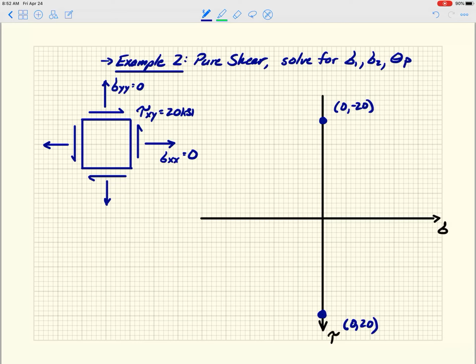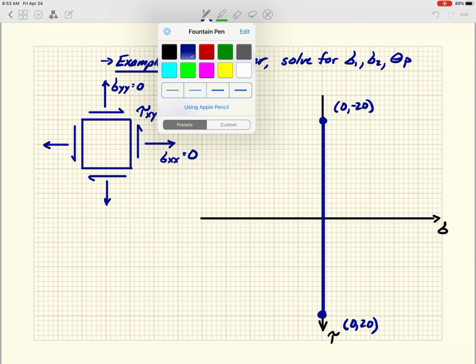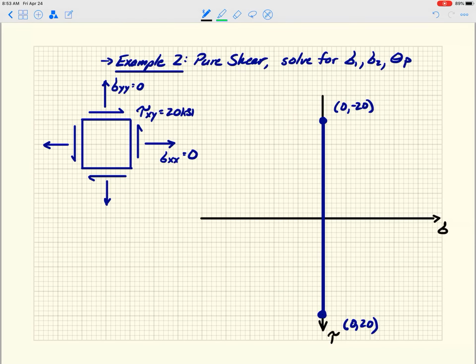Again, that is sigma yy, minus 20. So this is a vertical line. The current stress state here is a vertical line. That's what happens when it's pure shear. It should make sense, because I can't have any non-zero coordinates on the sigma axis, because there's no normal stress in this orientation.